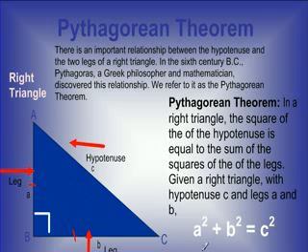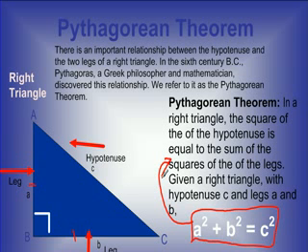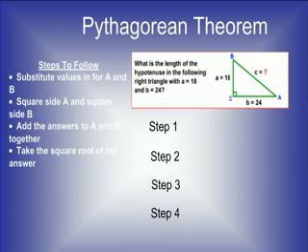So the formula is a squared plus b squared equals c squared. So this is what you need to remember. You don't really need to remember all these words, just remember this formula. Now, when we're figuring out the length of C, look at our picture. We have A is 18 and B is 24.